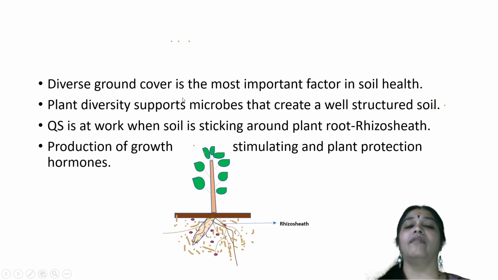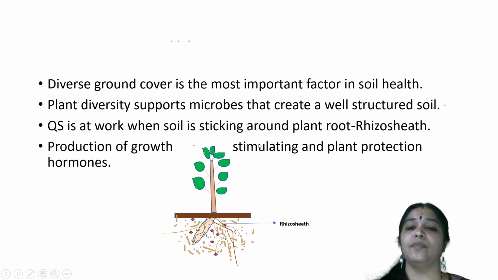Diverse ground cover is the most important factor in soil health. Plant diversity supports microbes that create a well-structured soil. Quorum sensing is at work when soil is sticking around the plant root, the rhizosheath.